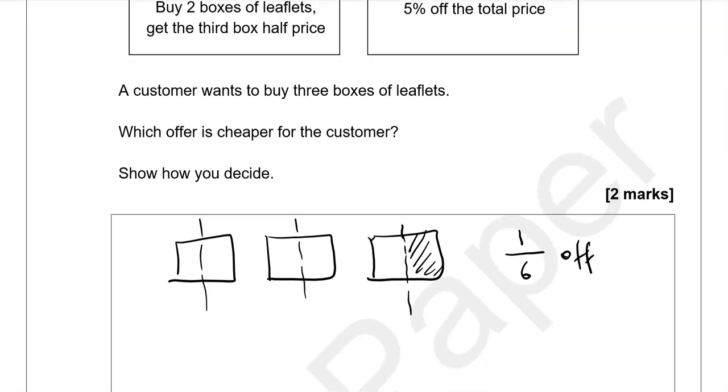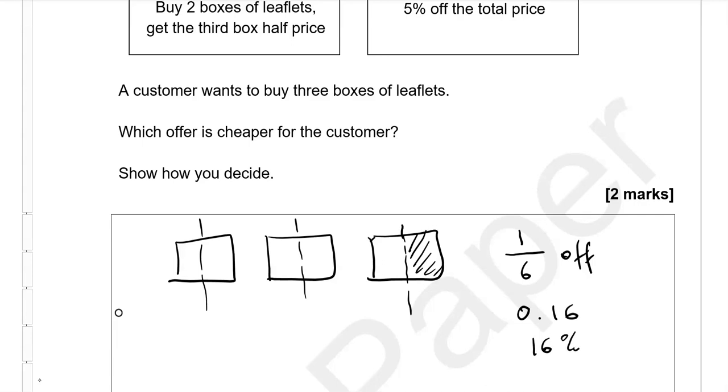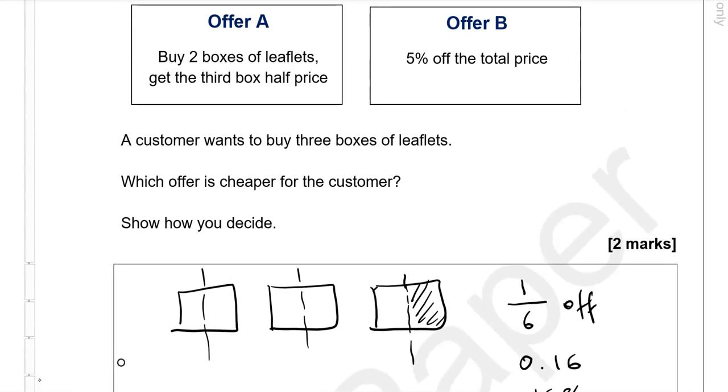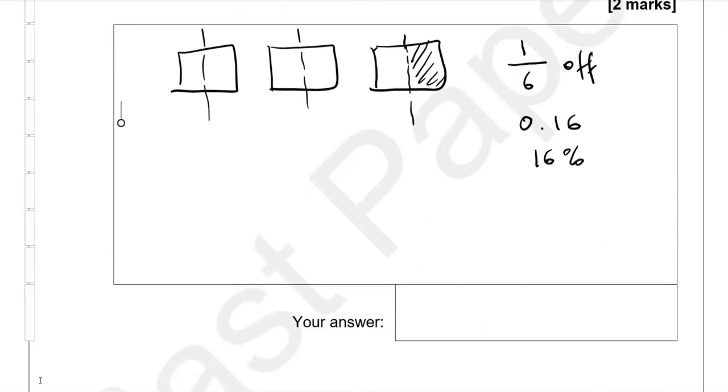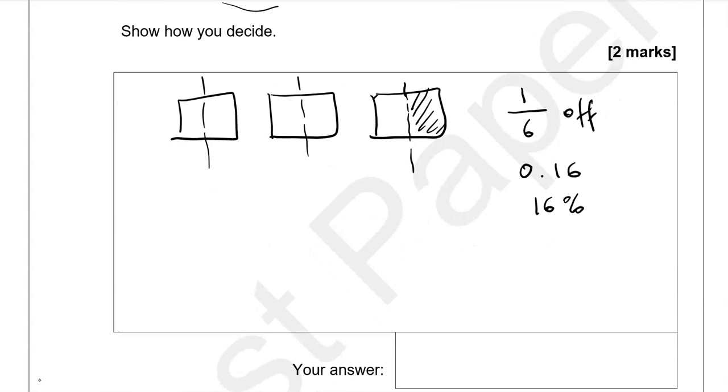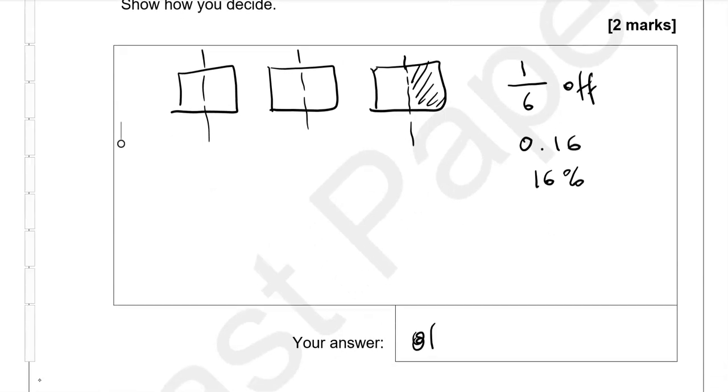And if you convert this into a percentage, 1 divided by 6 gives you about 0.16, which is roughly about 16%, and that is way higher than 5% from offer B. So which offer is cheaper? Let's say offer A.